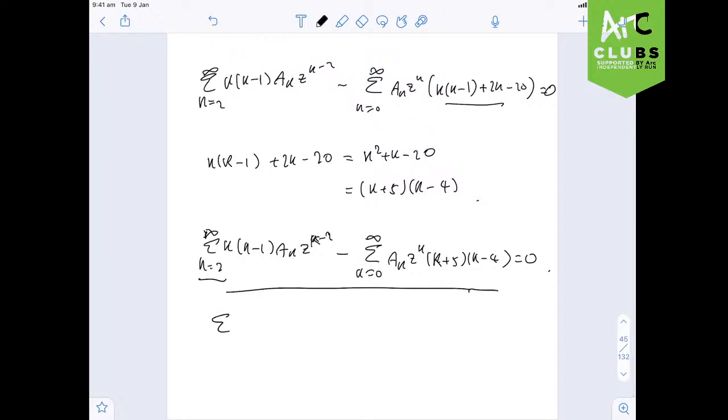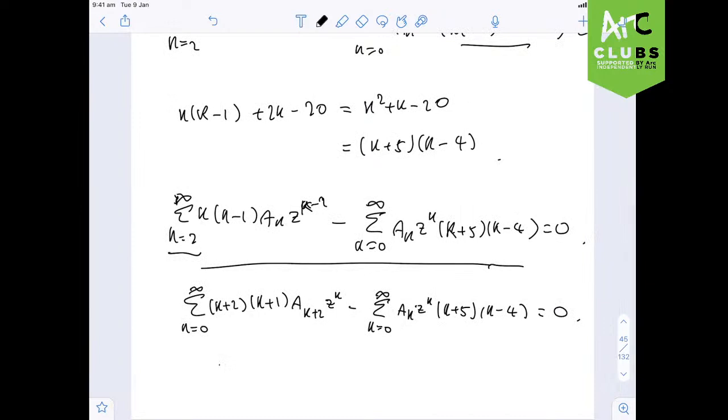So by shifting, we get k plus 2 times k plus 1, a_(k+2) z^k, minus the sum of a_k z^k, k plus 5, k minus 4, equals 0.